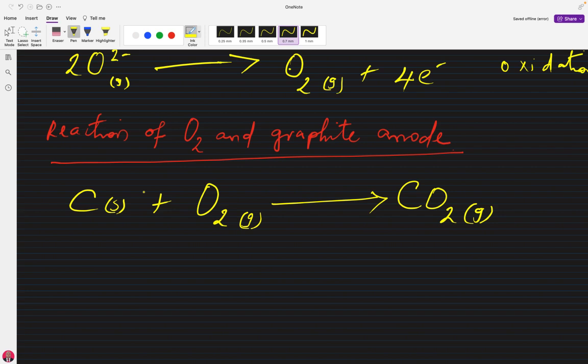The way iron reacts easily with oxygen, aluminium does not react like that. When iron reacts with oxygen, it produces rust. But aluminium does not react with oxygen like that. So for that purpose, resistant to corrosion.